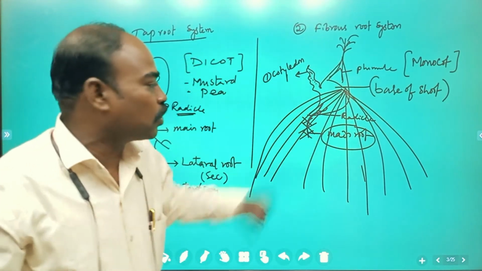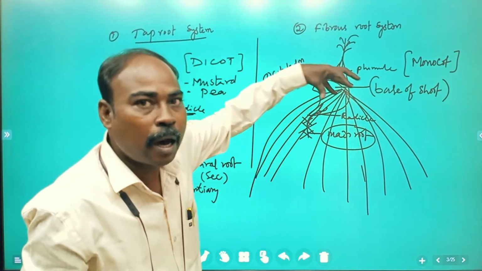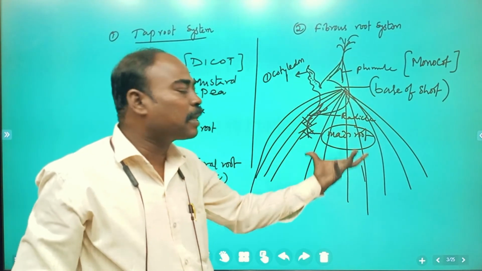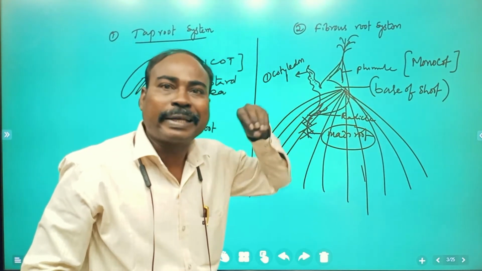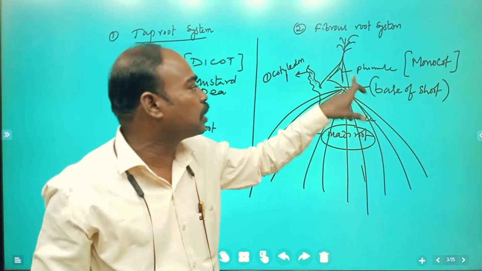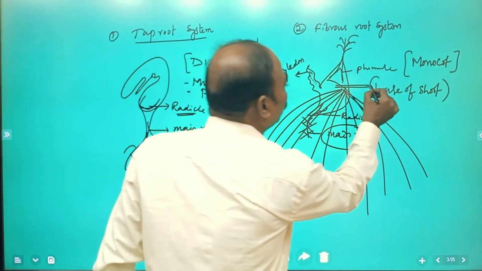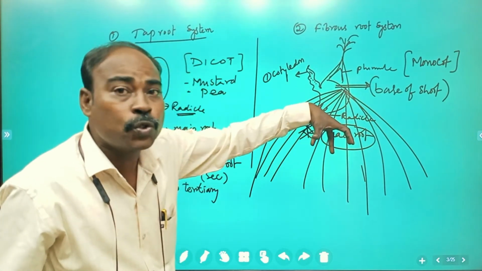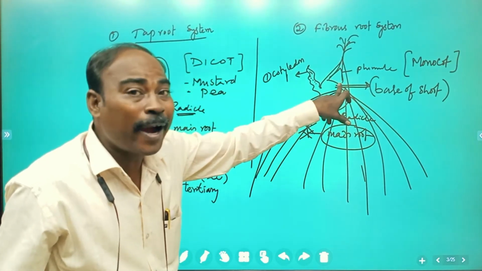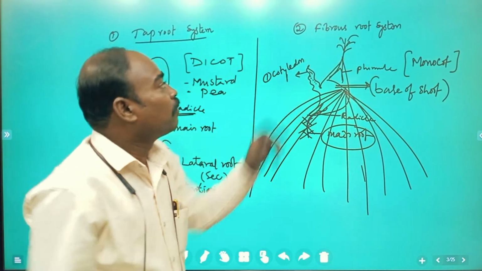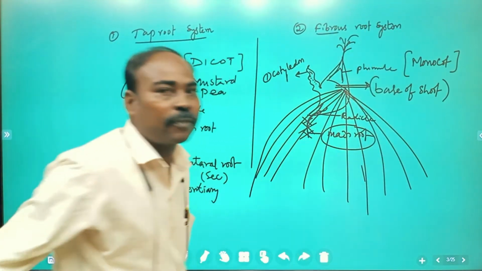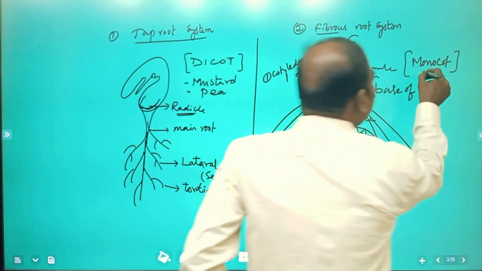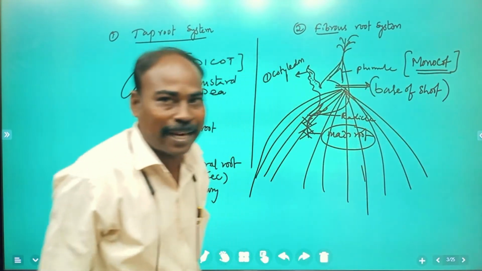Identical, similar types of roots, as in a cluster or bunch. Such a group of roots developing at one point is known as the fibrous root system or fibrous roots. It is common in monocotyledonous plants.